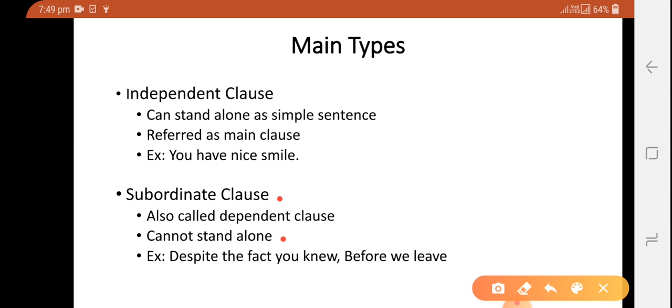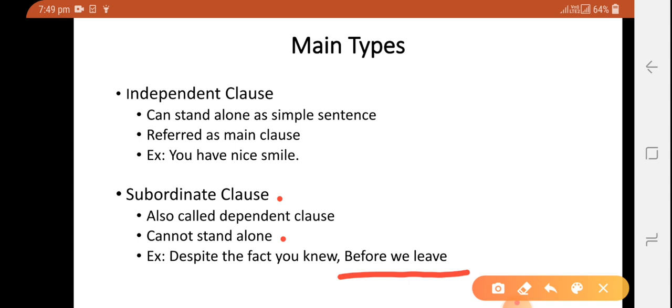Let us take before we leave. What can we say as a sentence along with this? Before we leave, we have to check whether the door is closed. Yes, before we leave, we have to inform the teacher. Something we can say like this.